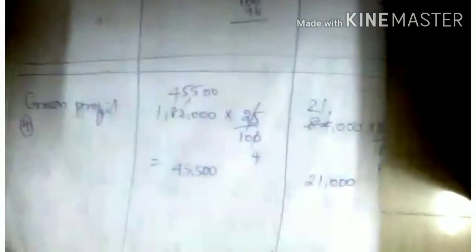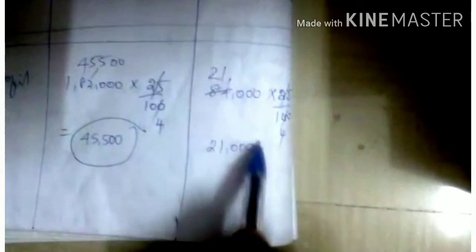As for the gross profit, for each year we will discuss separately. Gross profit 1 lakh 82,000, 25% we calculated as 45,500. Similarly, for 84,000, 25% gives 21,000.